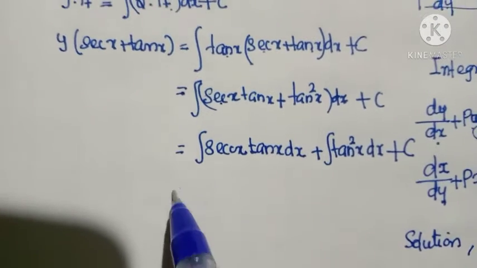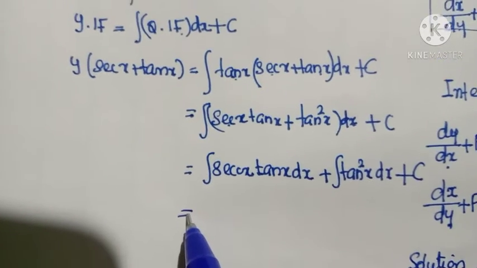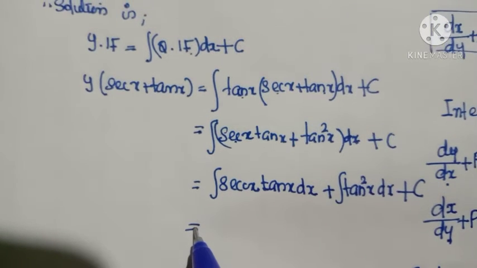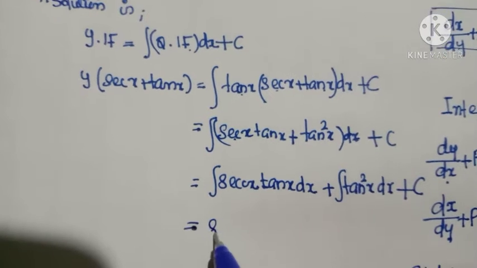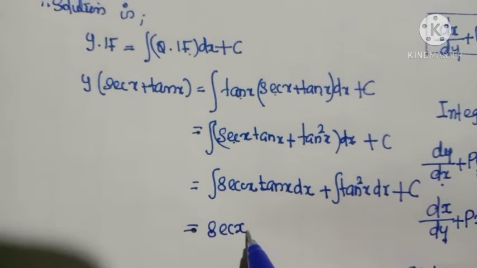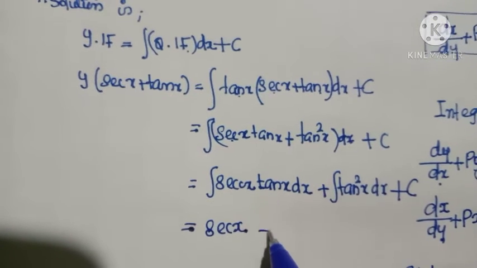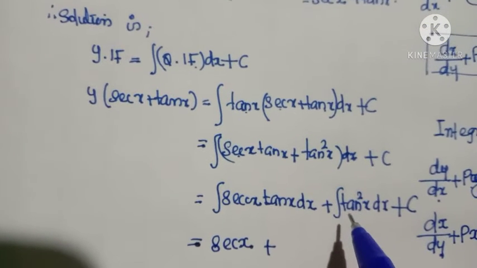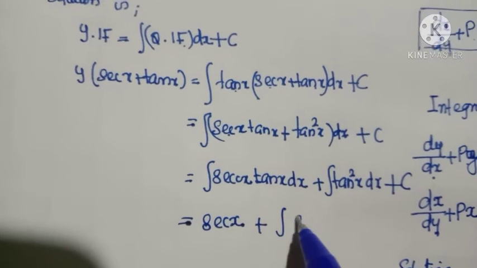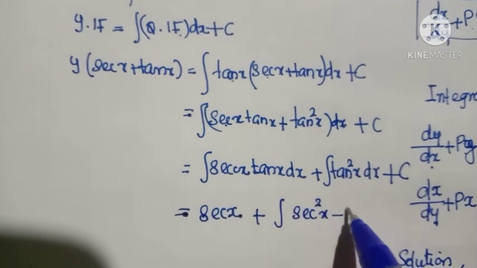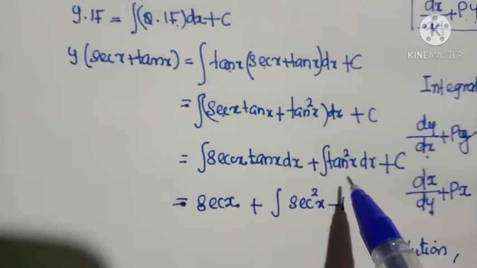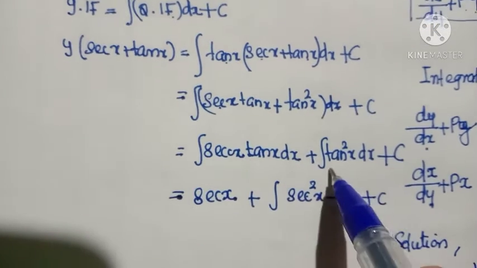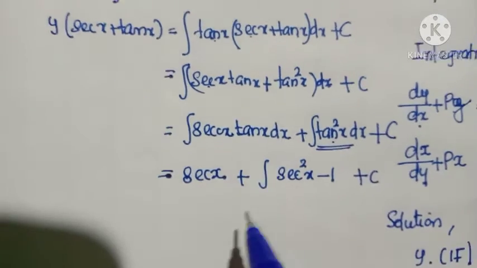Okay. So this is equal to integral of sec x tan x. Integral of sec x tan x is sec x. Then integral of tan square x. So listen, this tan square x can be written as sec square x minus 1, because direct integration is not there for tan square x.